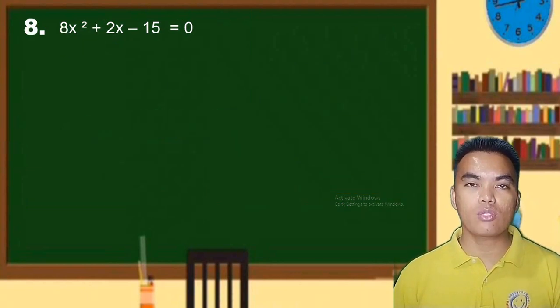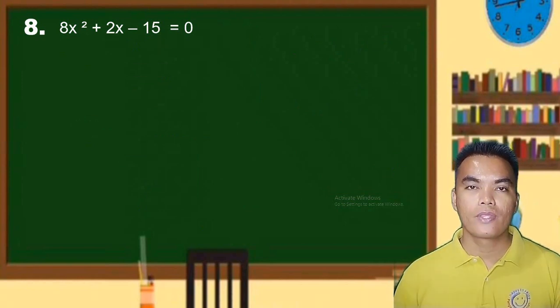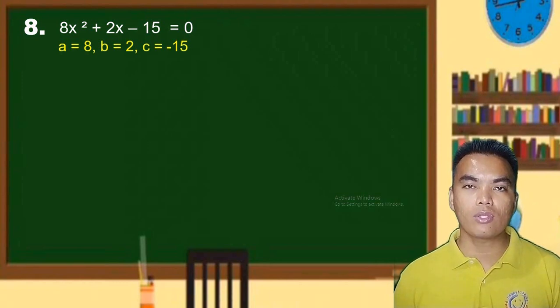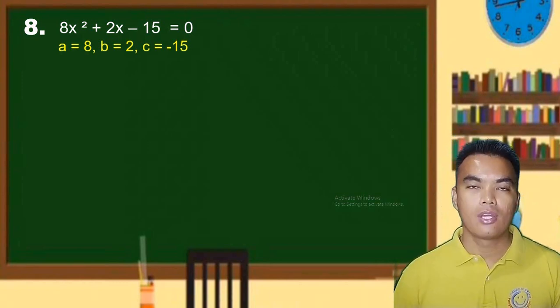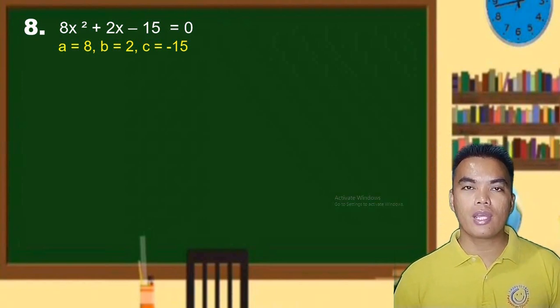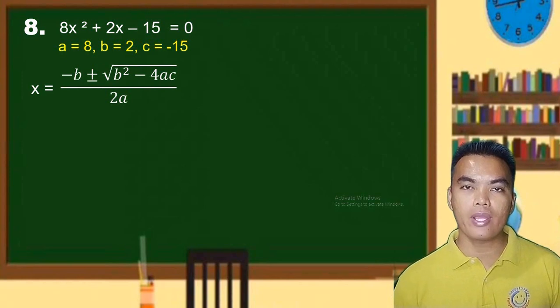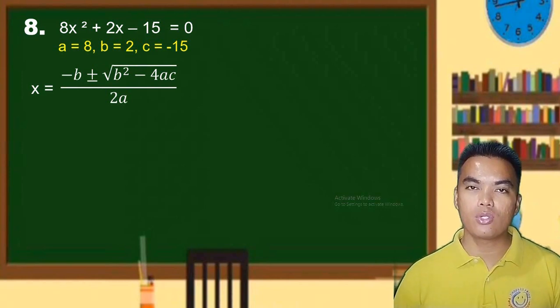So we have 8x² + 2x - 15 = 0. From the given quadratic equation, the values of a, b, and c are: a = 8, b = 2, and c = -15. So again, using the quadratic formula, x = (-b ± √(b² - 4ac)) / 2a, we can now substitute the numerical coefficients.